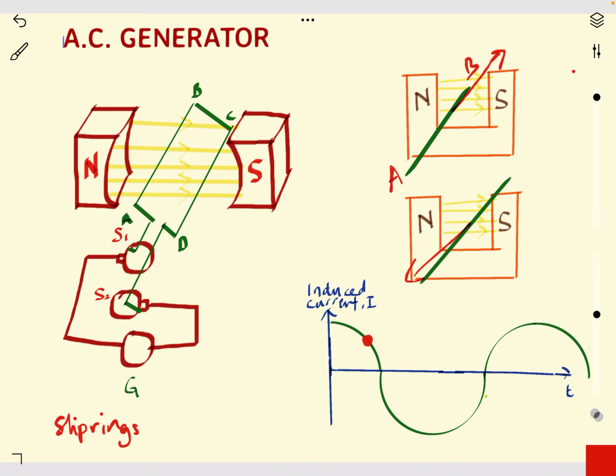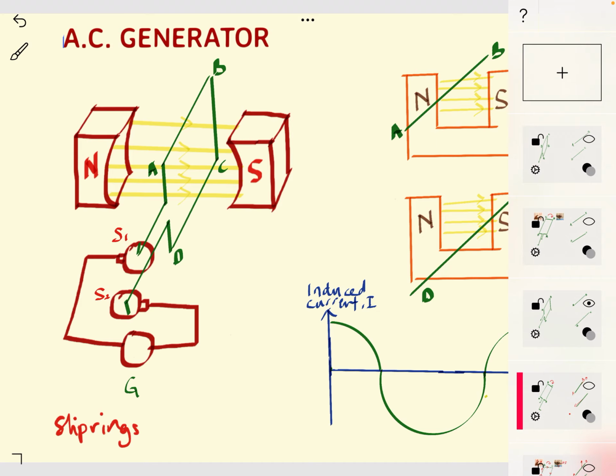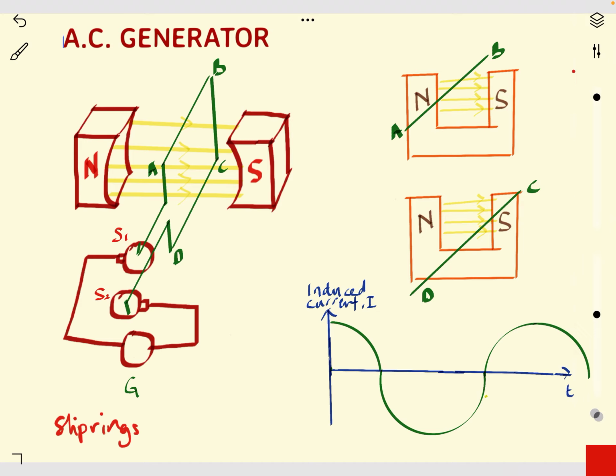Now remember, we turn it in a clockwise direction, and the next thing that happens is it will be in this position. AB and CD, the coil here is already in vertical position. You can see that the motion of AB is horizontal and to the right, and CD is horizontal to the left.